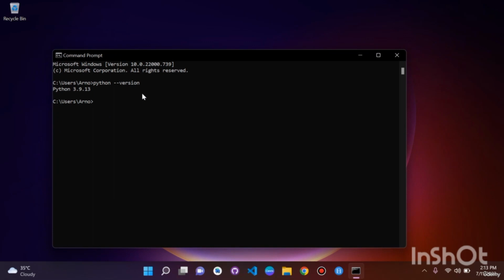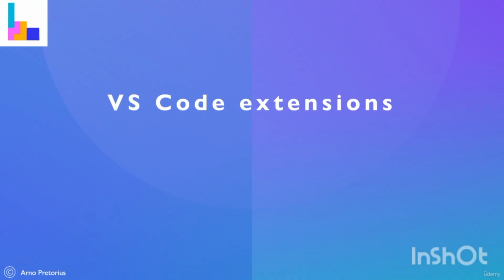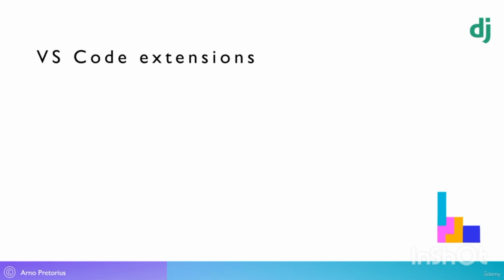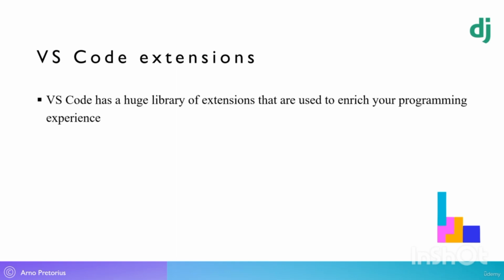Okay, so that's it. Hi everyone, and welcome to the next lecture, which will be on Visual Studio Code extensions. So Visual Studio Code, as we know, is a text editor, or an IDE to be more specific. And Visual Studio Code has a huge library of extensions that are used to enrich our programming experiences.